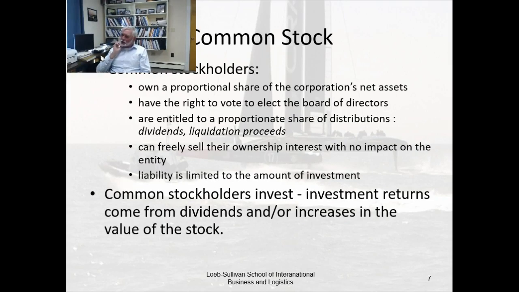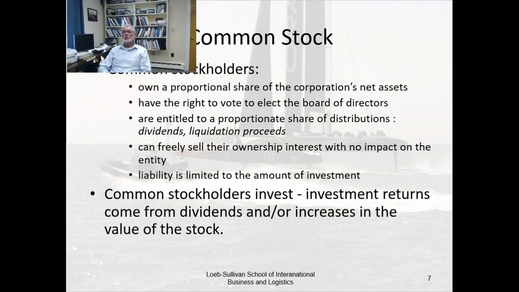So common stockholders in the corporation, they own a proportional share of the corporation's assets. They are the owners of the corporation, so they have the right to vote to elect the board of directors, and the board of directors is the owner's representative that then goes and hires management.